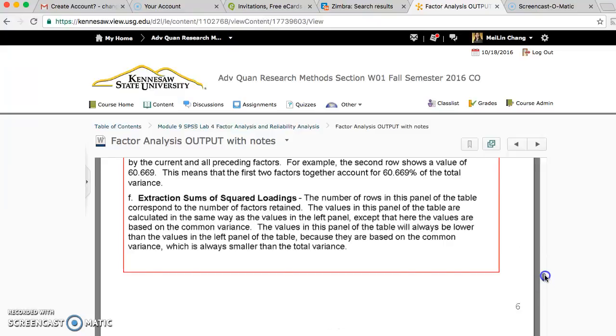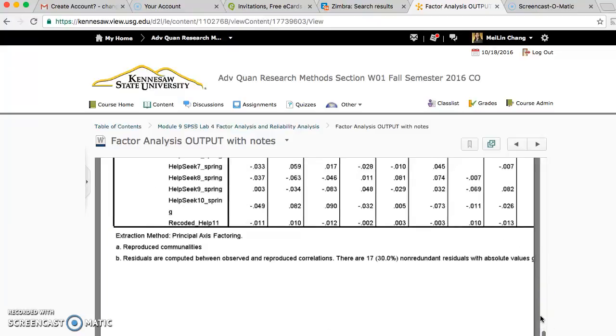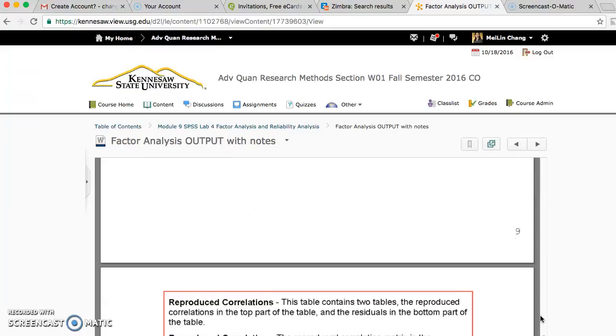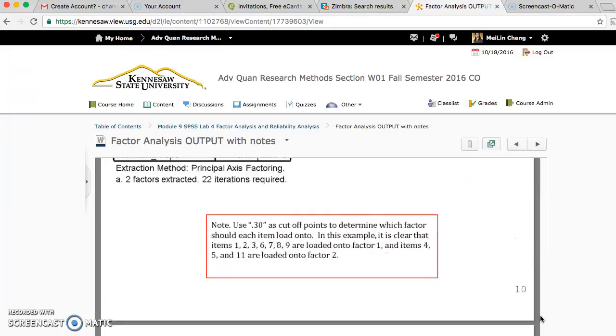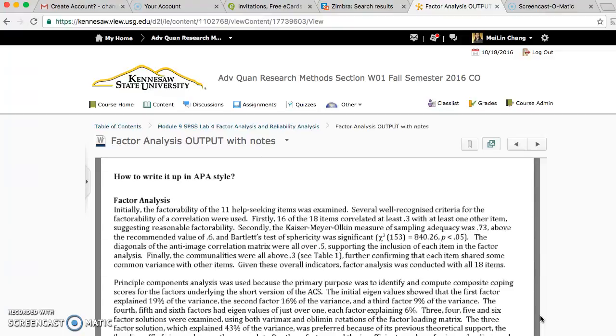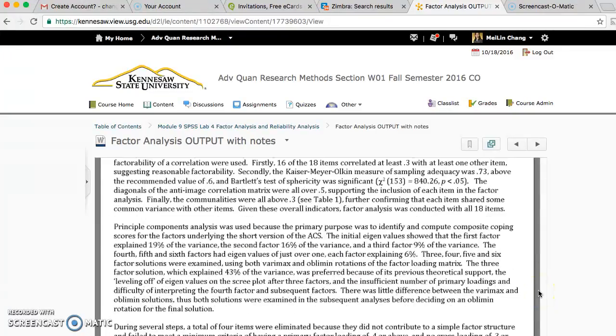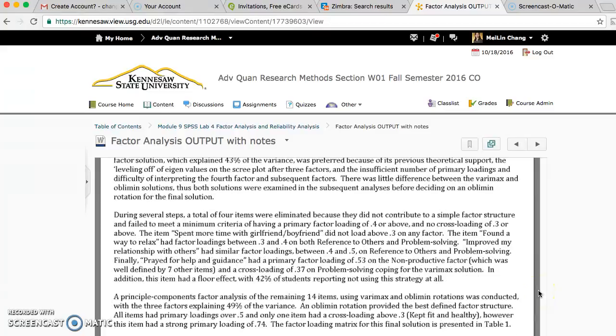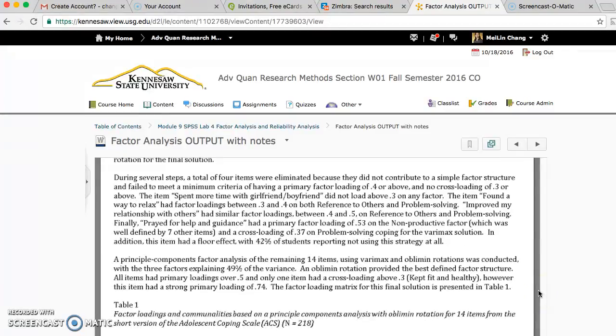This is the last handout. Hopefully, you can find my example of write-up here. Yep, there you go. So this is the write-up for factor analysis. In your assignments, you will briefly write up and then report the result.